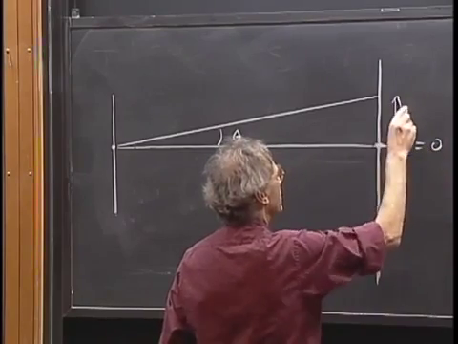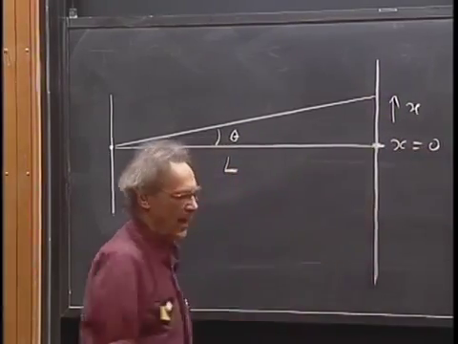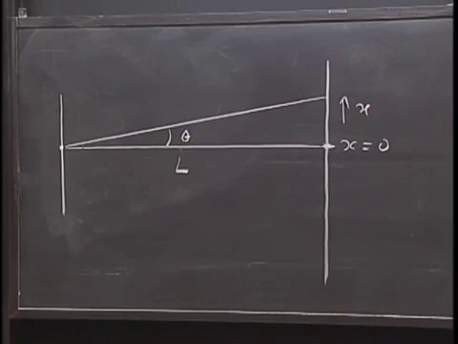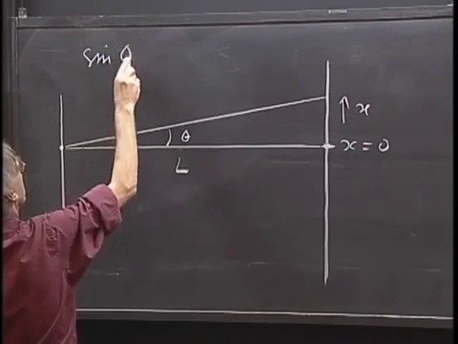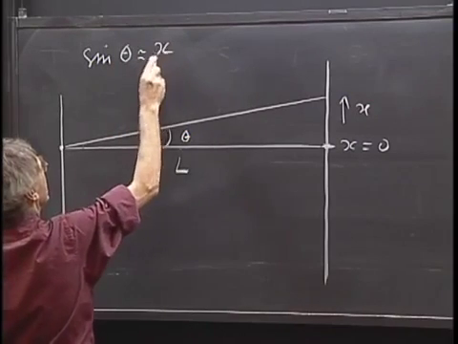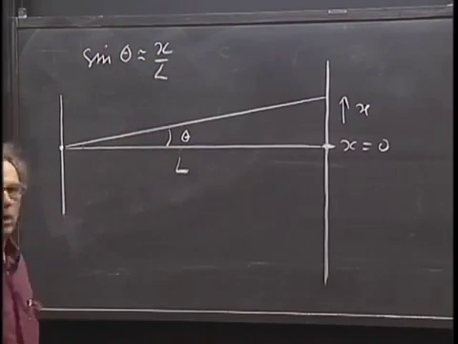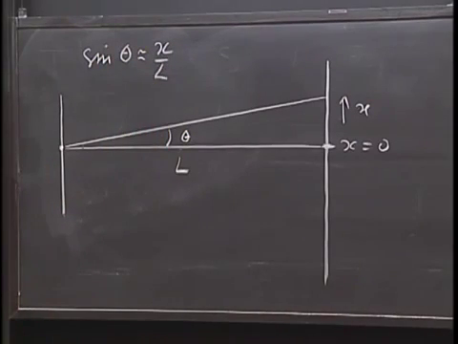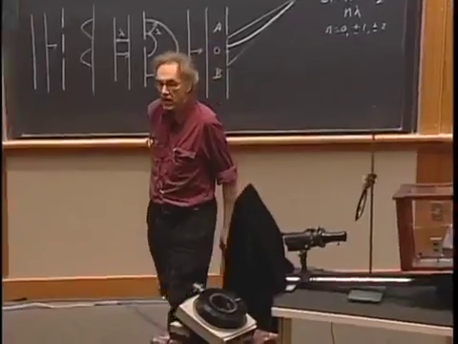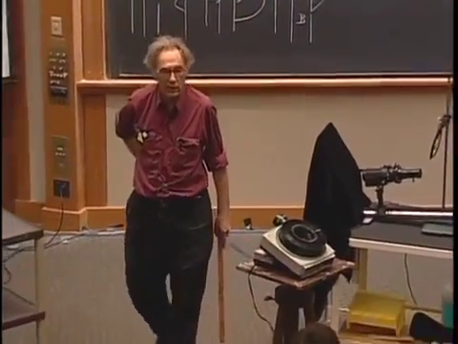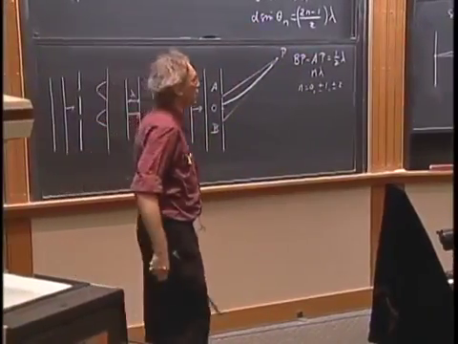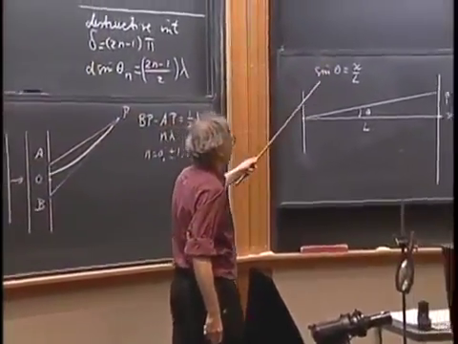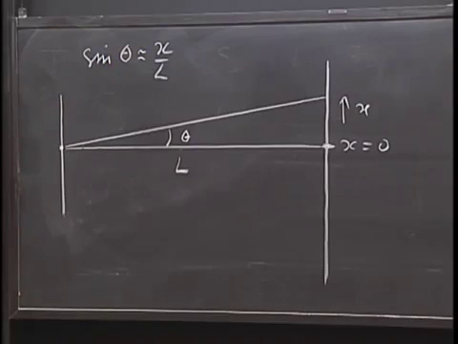And we call this x, positive x, and that's negative x. You can also say that the sine of theta, if you want that, is approximately x divided by L, but that's only true for small angles of theta. And with this kind of interference, we sometimes have angles of theta which are not small at all. So I want to warn you that this is not something you can use universally, but today you will see that we can use it.